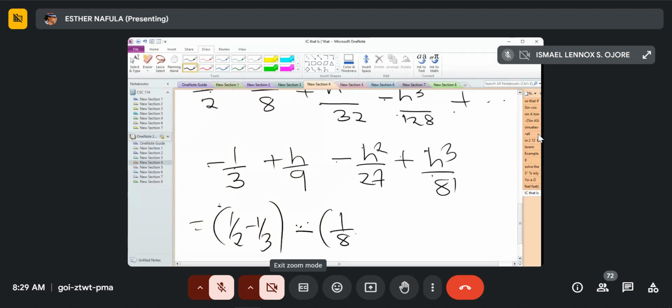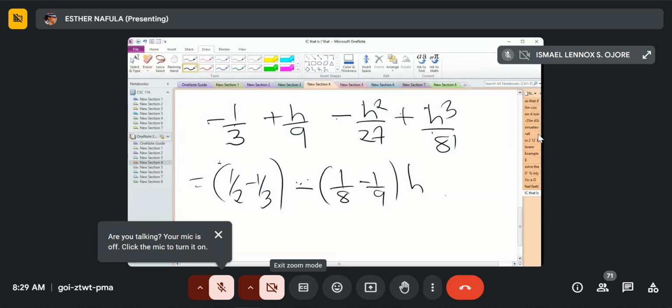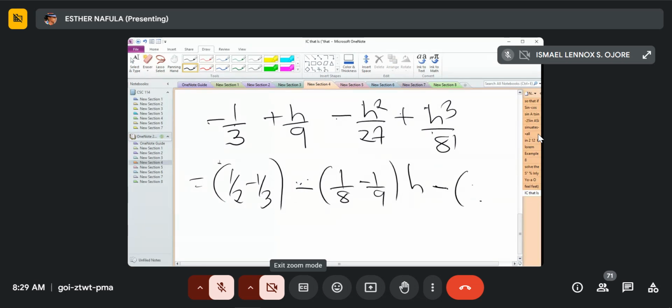One over 8 minus 1 over 9 h. For h squared, one over 32 minus 1 over 27 h squared. You can even stop there. You don't have to proceed.